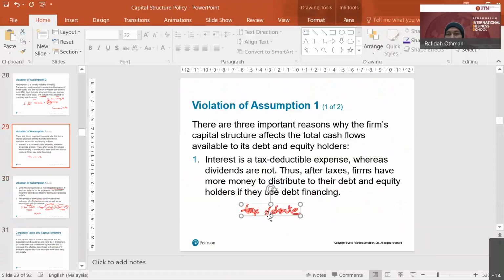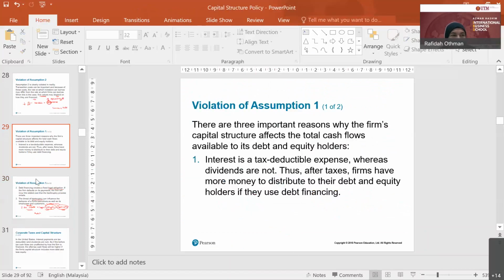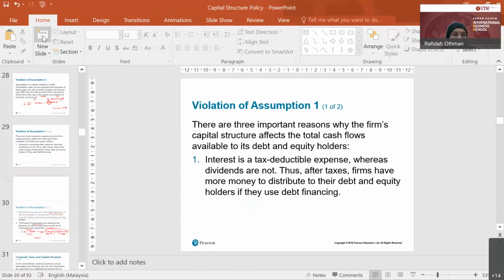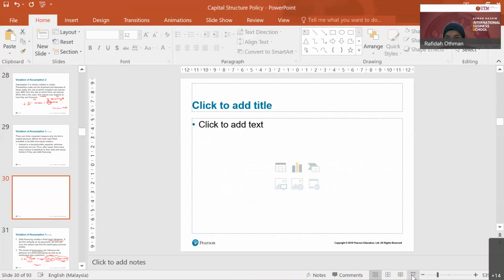Let's assume that we are trying to find our P0. P0 is dividend D1 over R common stock minus G. Okay, so we put G is 0.05 or 5%.